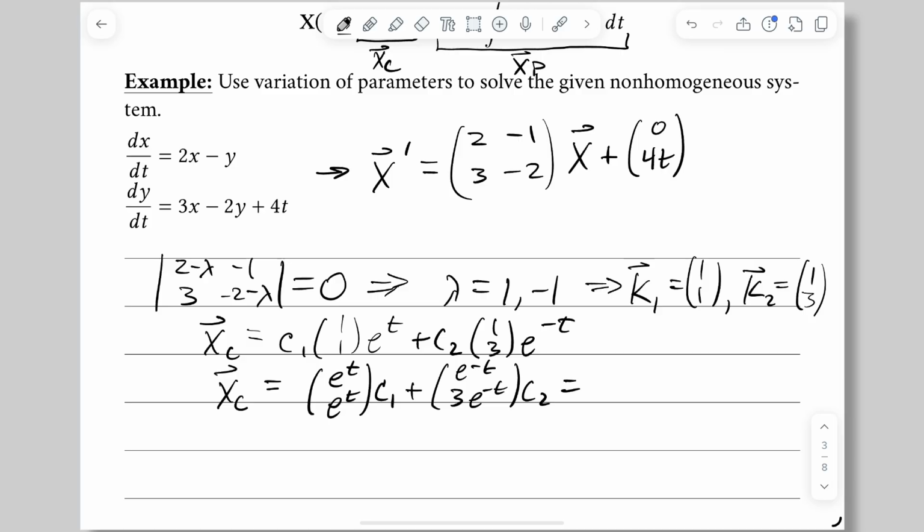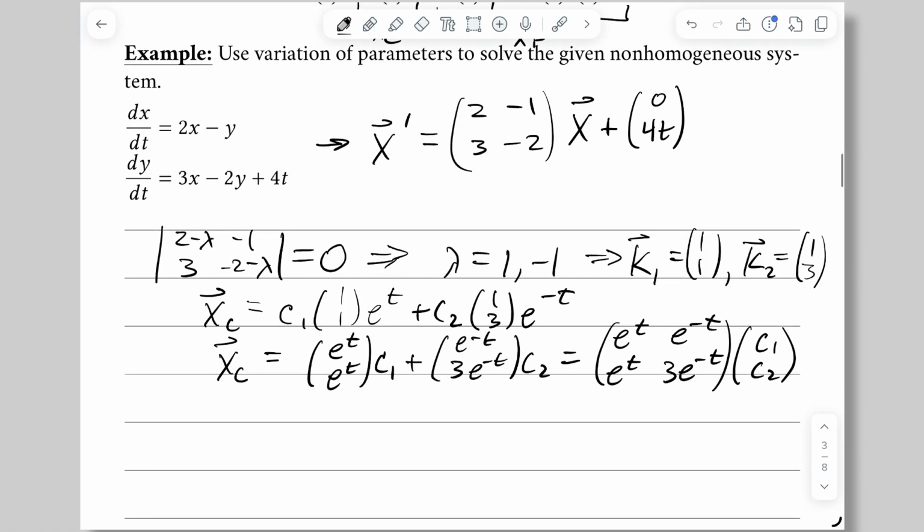And because of the way matrix multiplication works, this can be expressed as the matrix with first row e^t, e^(-t), and second row e^t, 3e^(-t), times the column vector c1, c2. Multiply it out, you'll see that it works out.